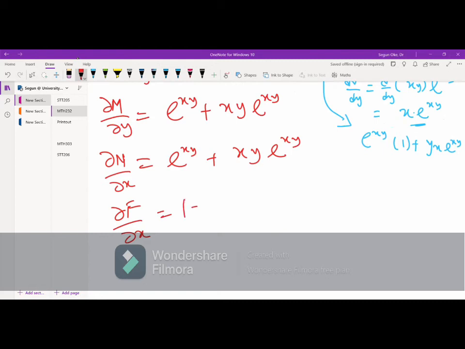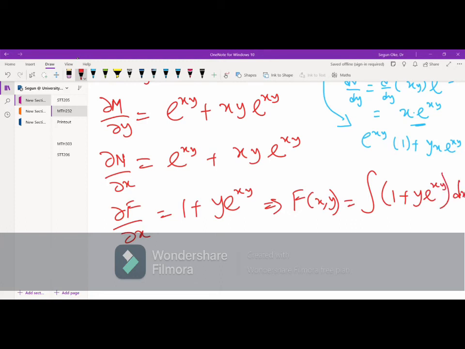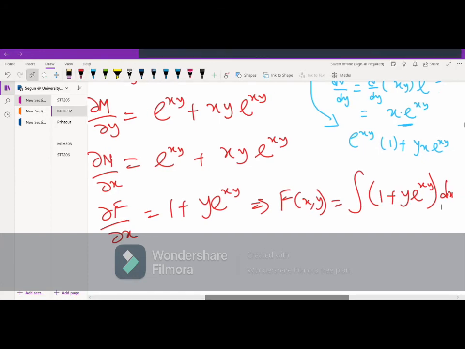So I'm going to have 1 plus y exponential xy, which implies f of x comma y is equals to integral of 1 plus y exponential xy dx. You have to integrate it with respect to x now. So if you have to integrate this one with respect to x, how do you get it?